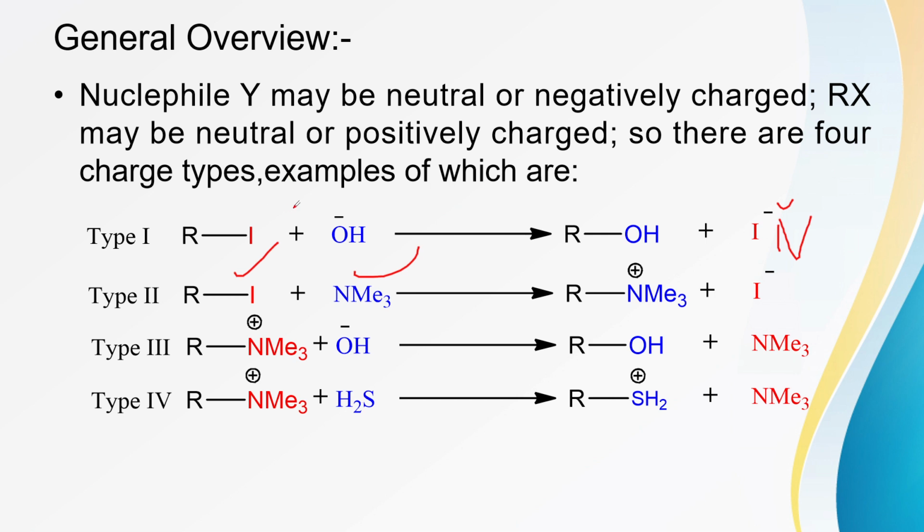So in general, we can say that our nucleophile may be negatively charged or neutral. You can clearly see from these examples that our substrate, which we also call the electrophile, may be neutral or positively charged. On this basis, we have classified these into four types.